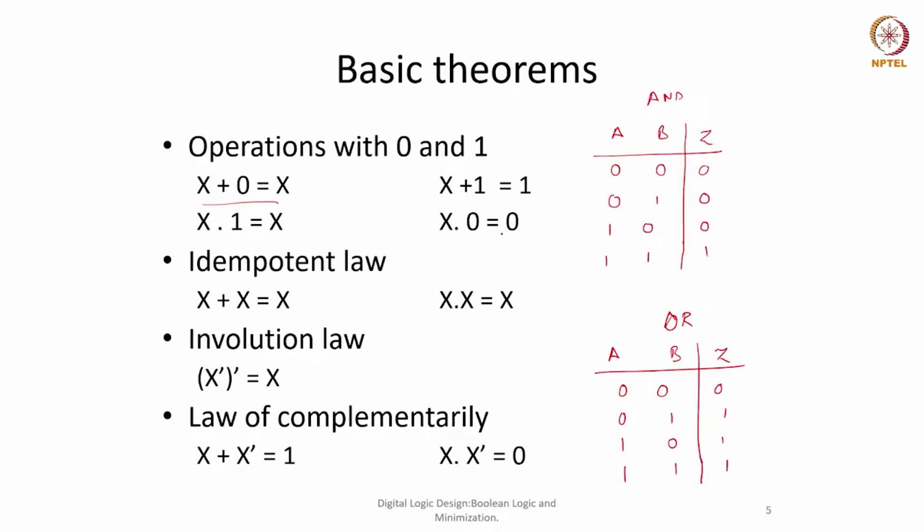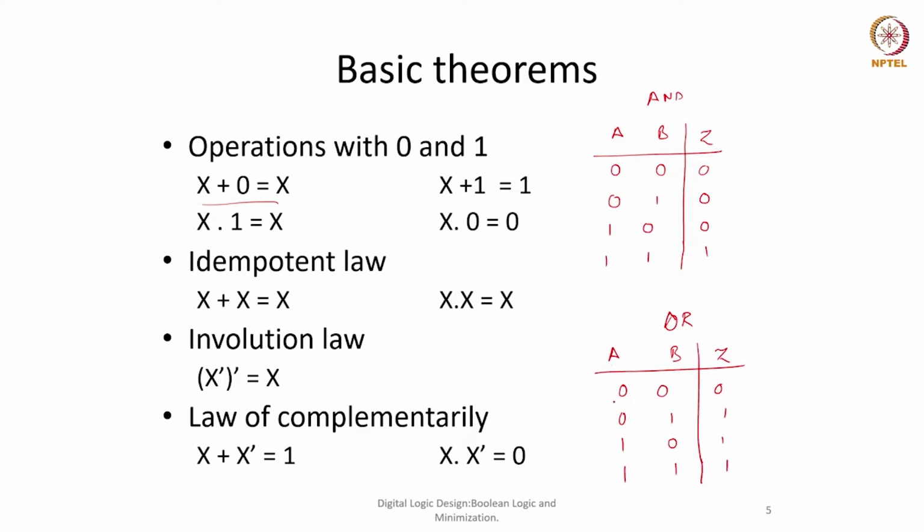These operations are very important and useful whenever we are doing logic minimization. Now, the idempotent law. Idempotent means: if I am doing an operation with itself, what is the result? If I am doing an OR operation of x with x, it means A is also x and B is also x, both of them are the same.